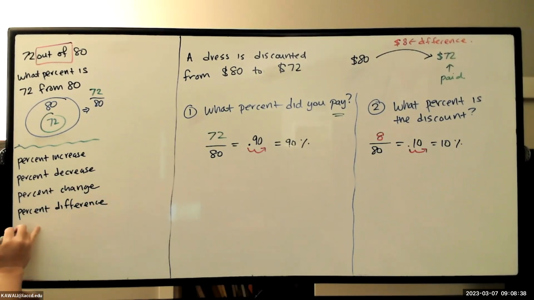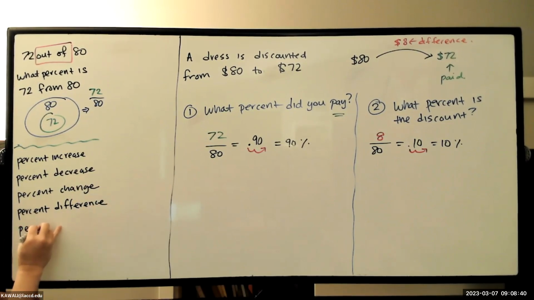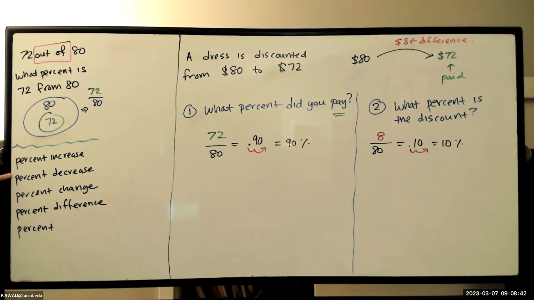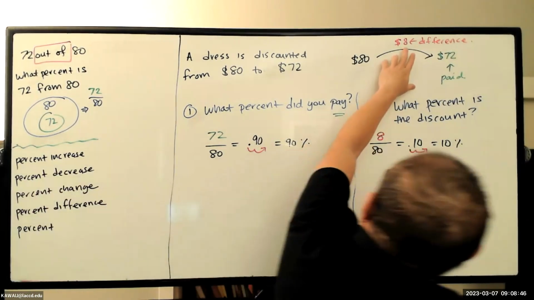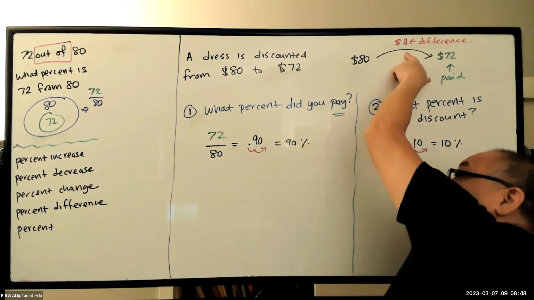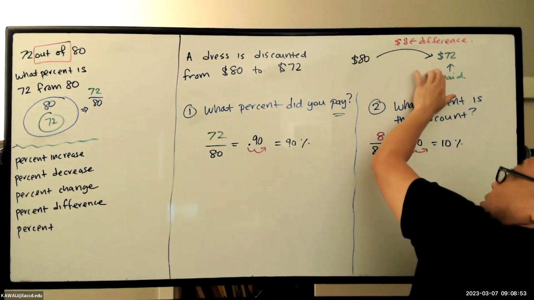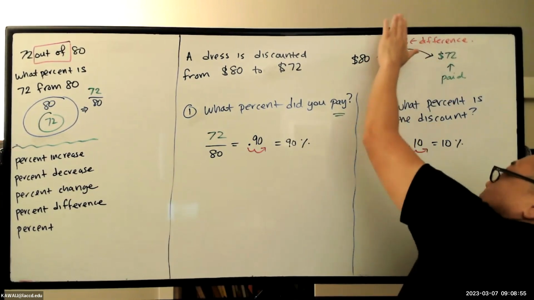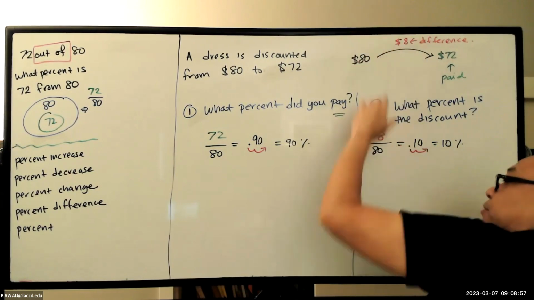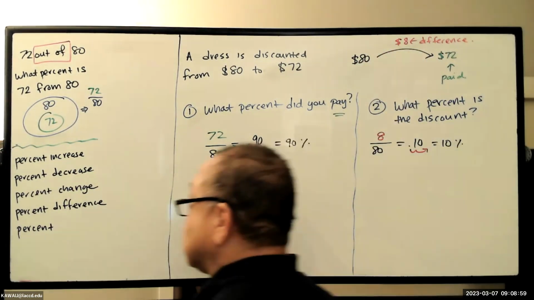But sometimes they'll also say percent. Usually when they say these words right here, they're looking for the change. And understand that the change is always a positive number. So even though this may be smaller and this may be bigger, this is always positive, right? So we just want the difference.